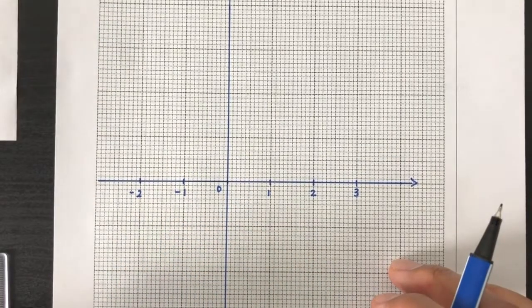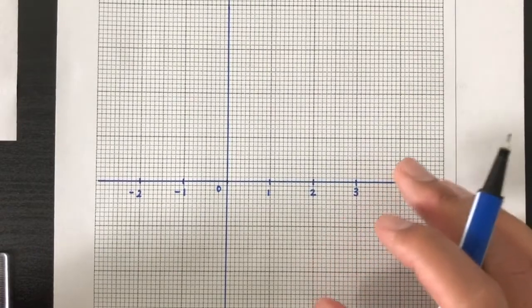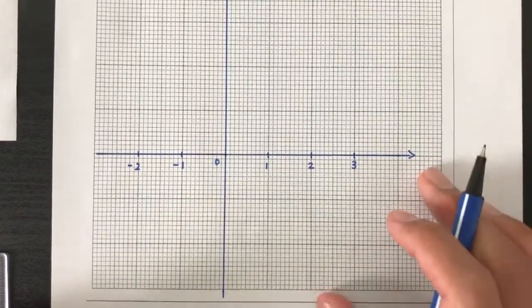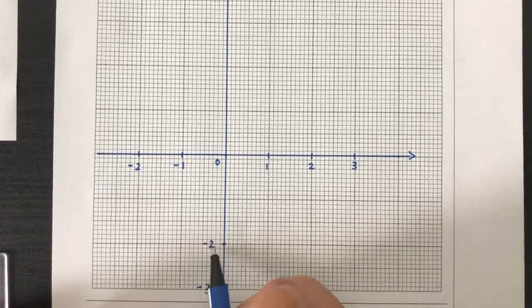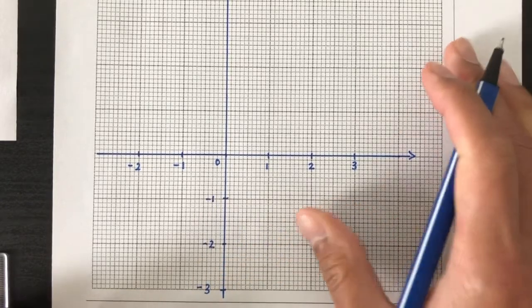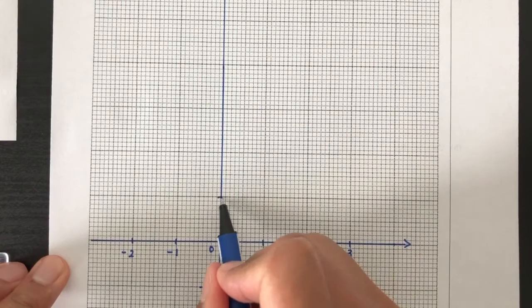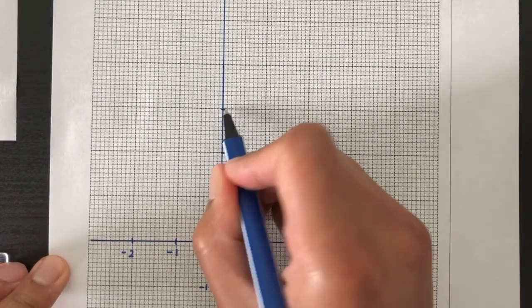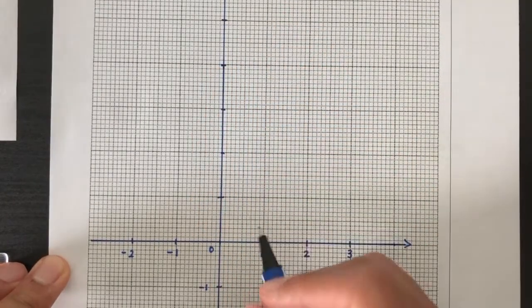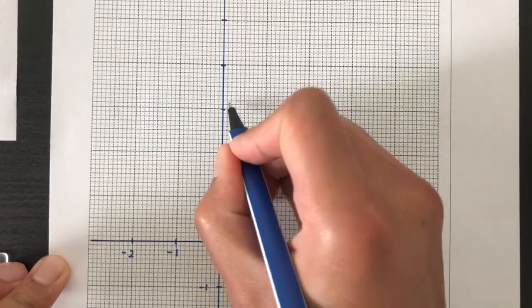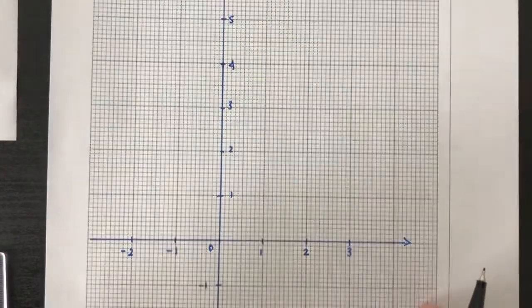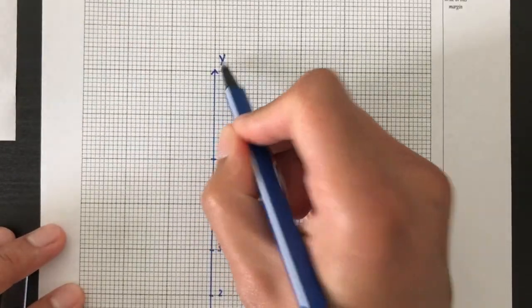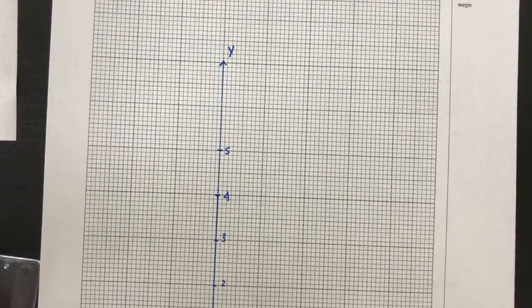So for the x-axis we just need from -2 to 3, and for the y we need from -3, -3, -2, -1, until 5. 5 will be 1, 2, 3, 4, and 5. Okay, so now we have to label the axis. This is your x, and this will be your y. Now let's draw the curve.